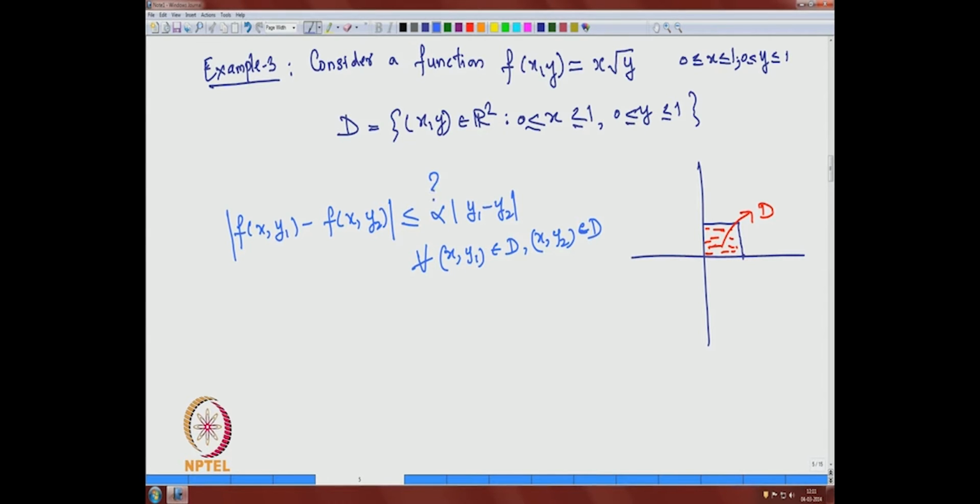So this is a question mark whether this condition is satisfied or not for any arbitrary points (x, y1) and (x, y2).